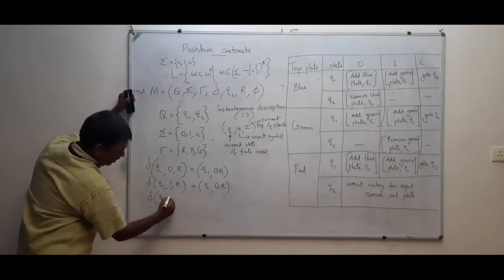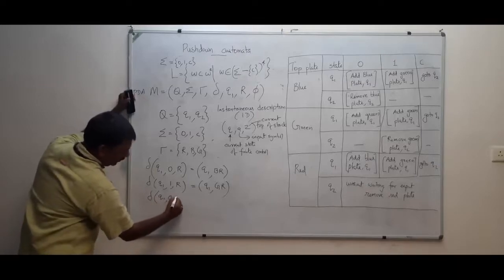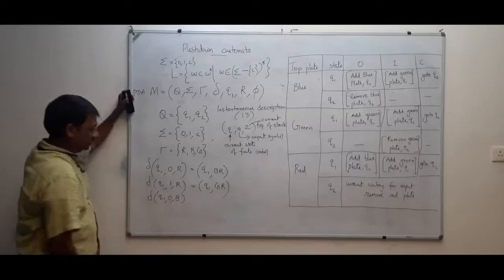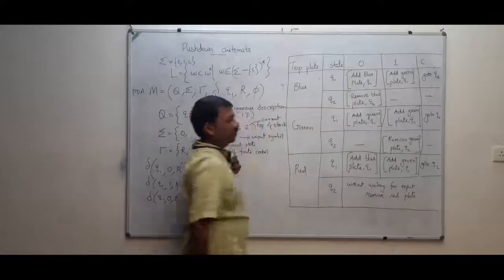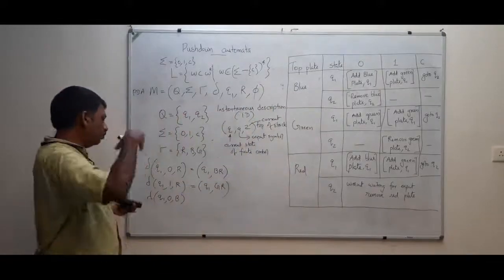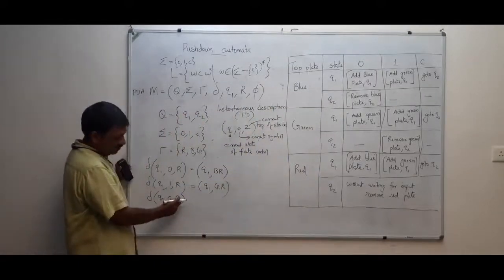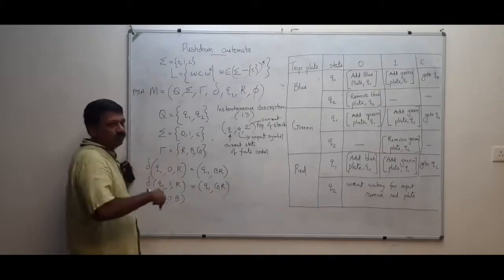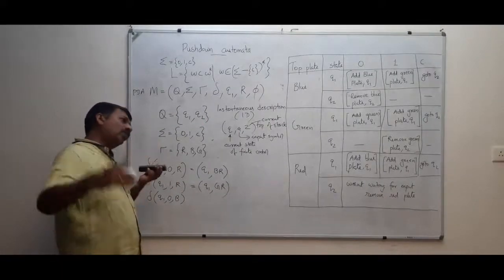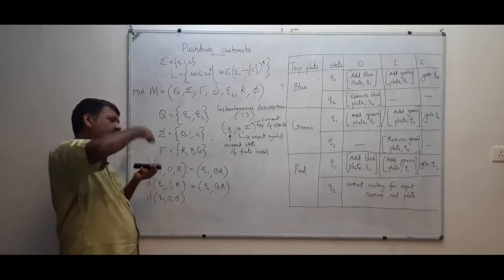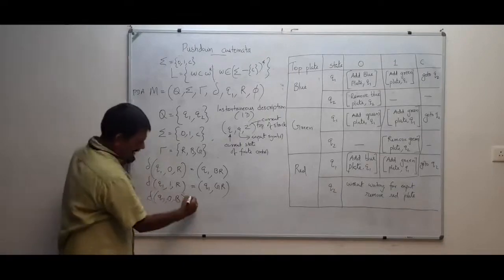Now suppose that you are in state Q1, delta of Q1, 0, and you have a blue plate on the top. Again you are going to add a blue plate. That means this blue is replaced with BB.